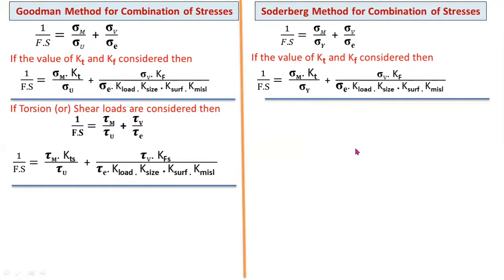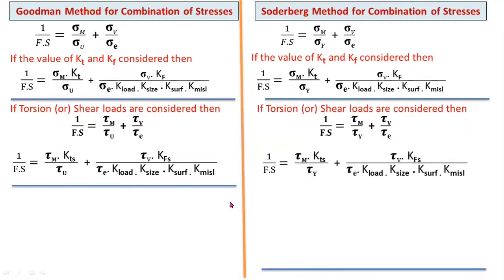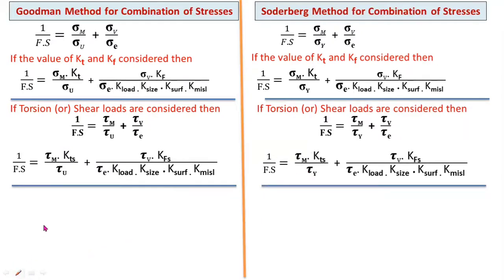In a similar manner, for the Soderberg method, 1 by Fs equals tau m by tau y plus tau v by tau e. Here you can observe that instead of tau u, we are considering the yield stress tau y. The remaining equation is the same. Similarly, in the normal stress equation, sigma u is replaced by sigma y.